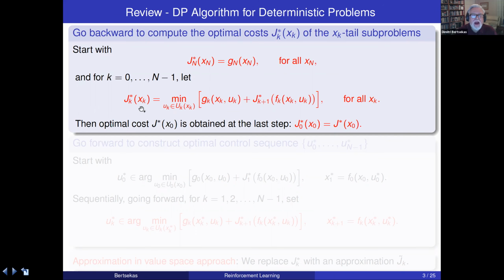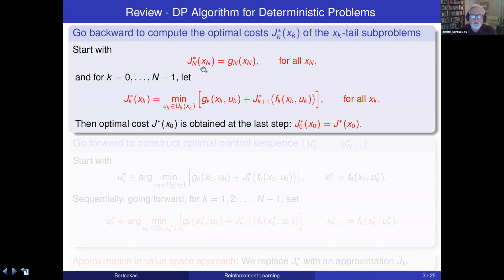And then at state xk, we look at all controls, and minimize over the sum of the cost of the first stage plus the optimal cost of the following stages, which we have obtained at the previous step of the algorithm.